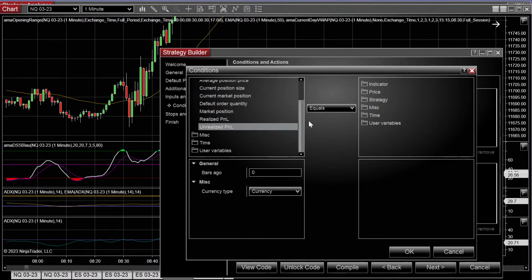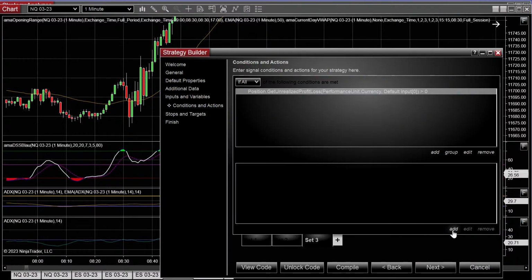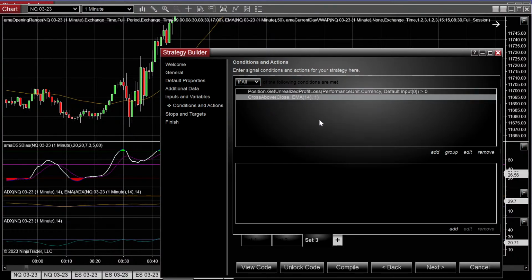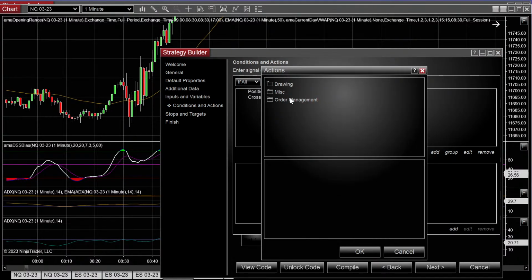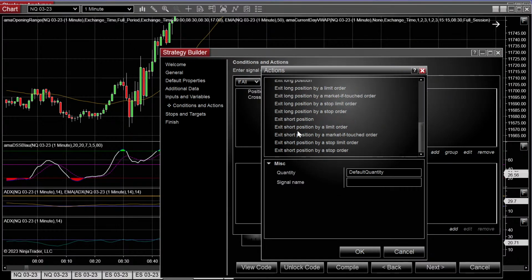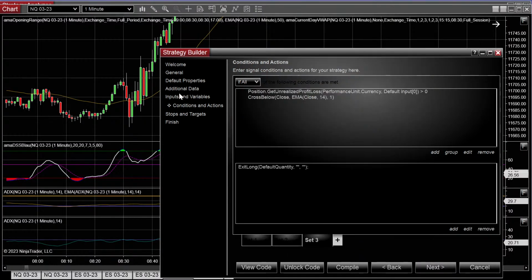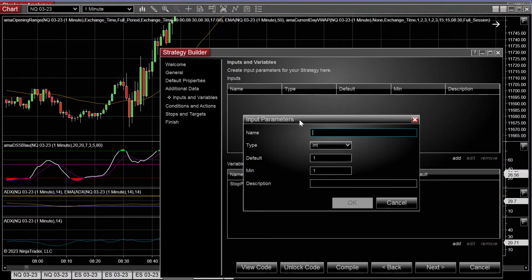So unrealized P&L is greater than 0. And then we're going to do price close crosses below the EMA. Exit long position, and let's make our EMA a parameter.